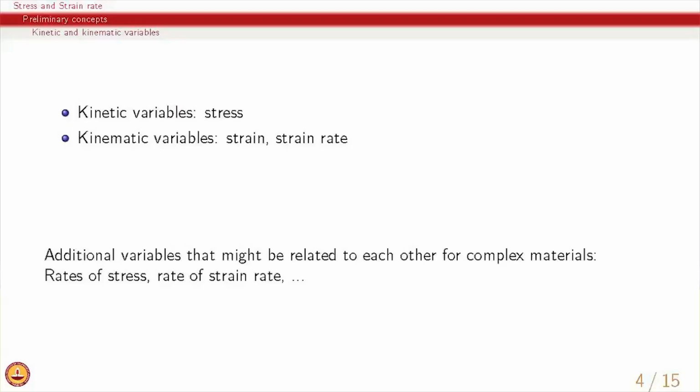Similarly, strain is involved, and the derivative of strain, the strain rate, is involved. We also could have the derivative of strain rate, which is the rate of strain rate. Therefore, any combinations of these properties and how they vary with time could be involved in trying to describe the behavior of complex materials.